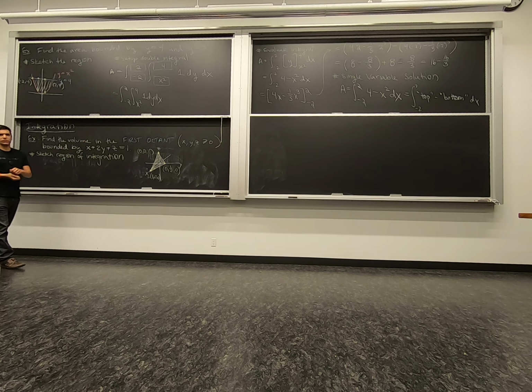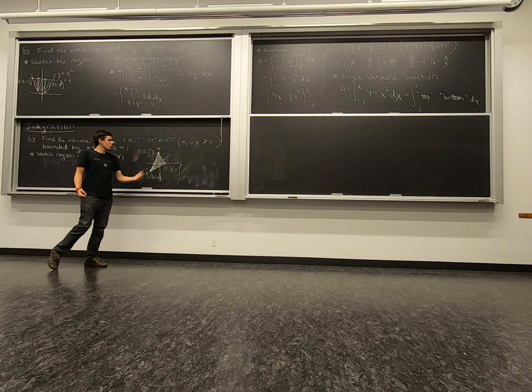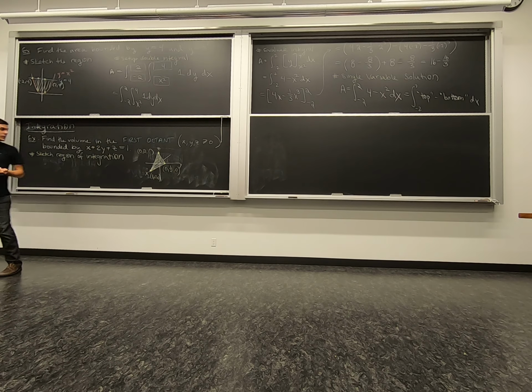So we're looking at this kind of pyramid thingy. It's a little bit thinner in one direction than the other two. We want to get its volume.